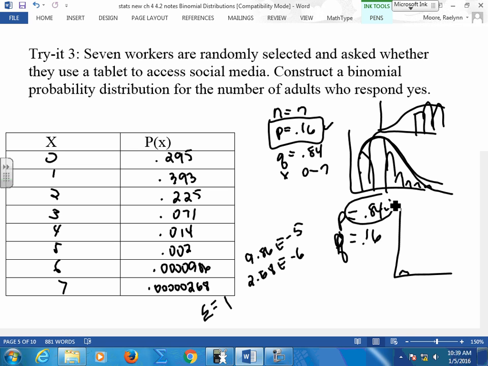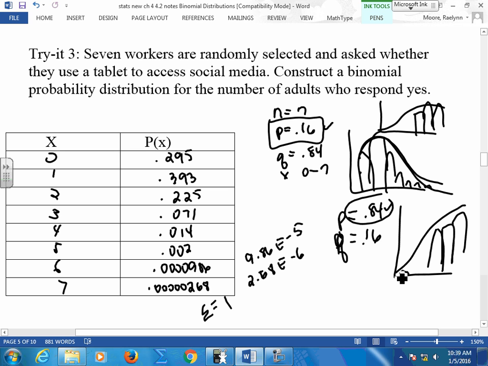Is it possible that no one said yes out of 7 people? It's very small. Now, when I asked 5 or 6 people, these are where my bigger bars should come out, up here. So it kind of makes sense where your skew goes based on your probability. Does that make sense? Okay.